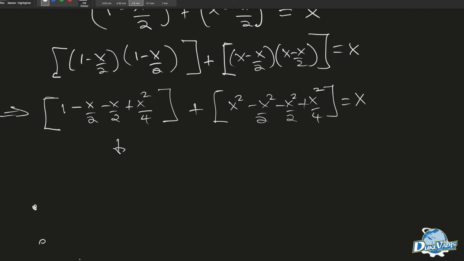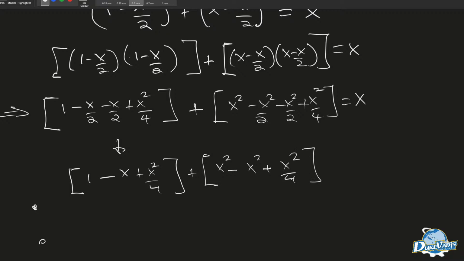if you simplify that, you're going to get 1 - x + x²/4, plus x² - x² + x²/4 = x.